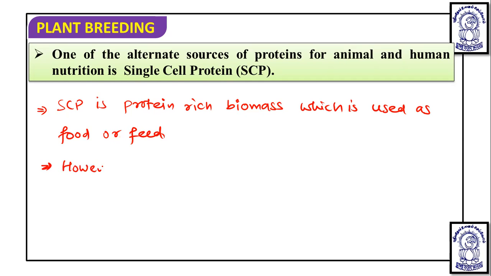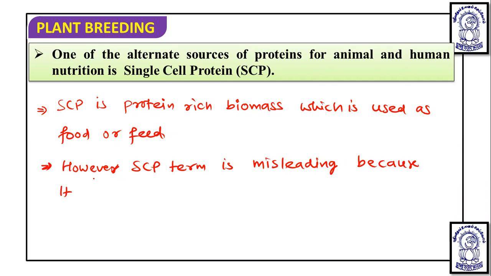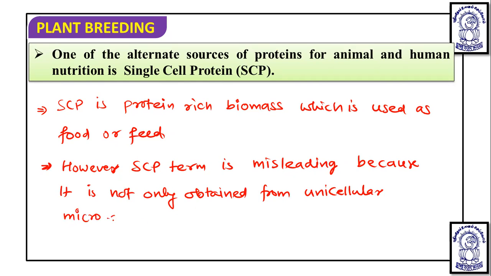However, the term SCP, single cell protein, is misleading because it is not only obtained from unicellular microorganisms, but also from multicellular microorganisms.